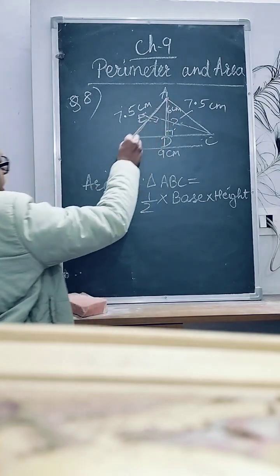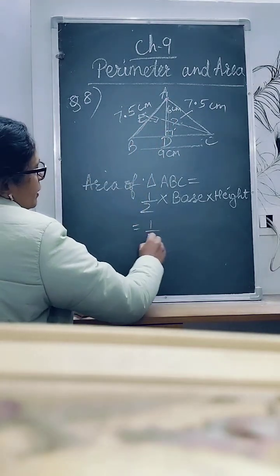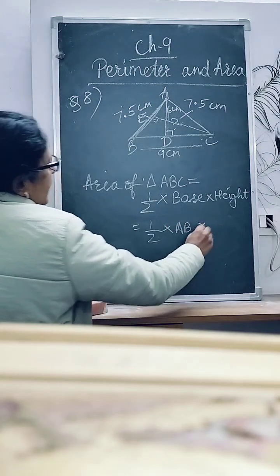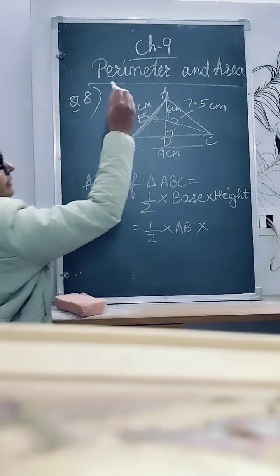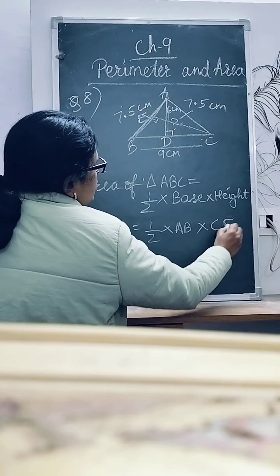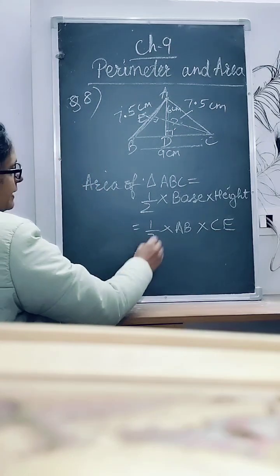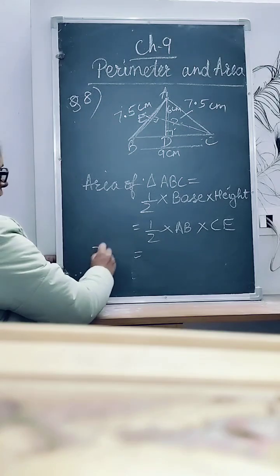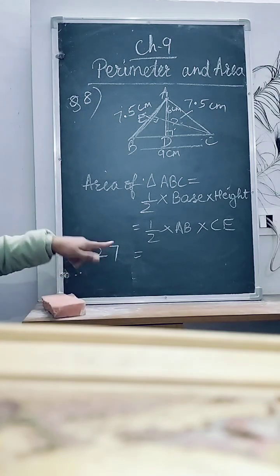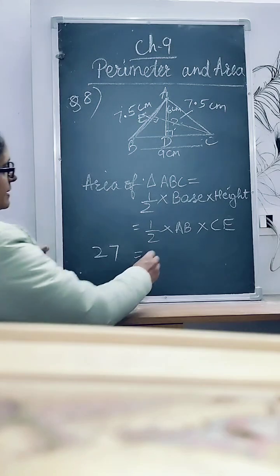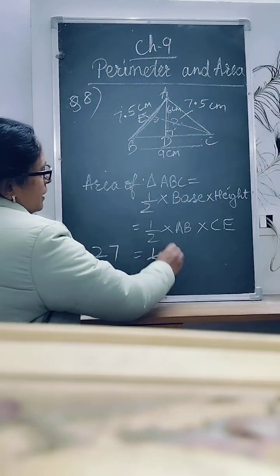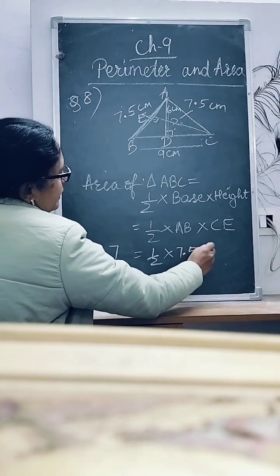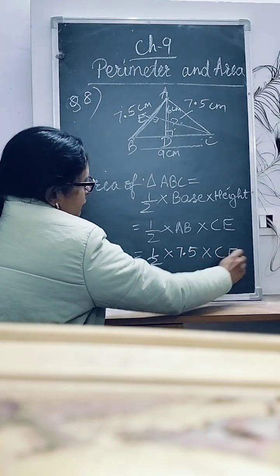Now the base is AB, and on AB the height is CE. You have found the area, 27 centimeter square. So 27 equals half into AB, 7.5 centimeter, into CE, which we want to find.